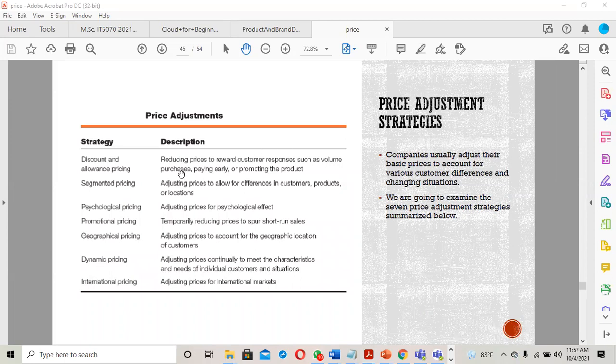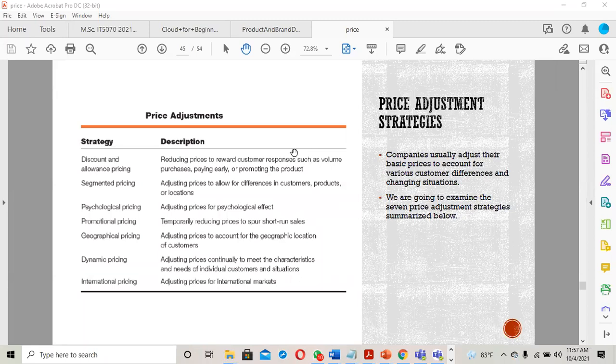So those are different strategies. You can adjust the price, for example, lower the price or give something else with the product. So that's like a promotion. You promote the product and the selling of the product, and you give something free with the product.